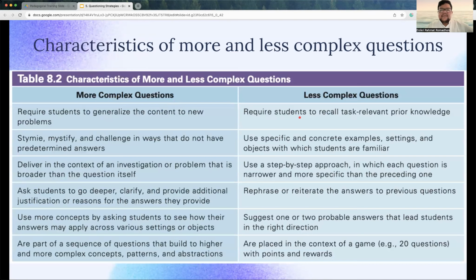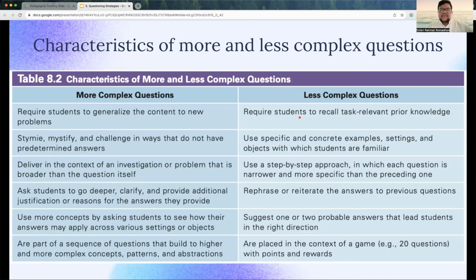In the less complex questions, use a step-by-step approach in which each question is narrower and more specific than the preceding one. This is less complex. For more complex, ask students to go deeper, clarify, and provide additional justification or reason for the answer they provide.